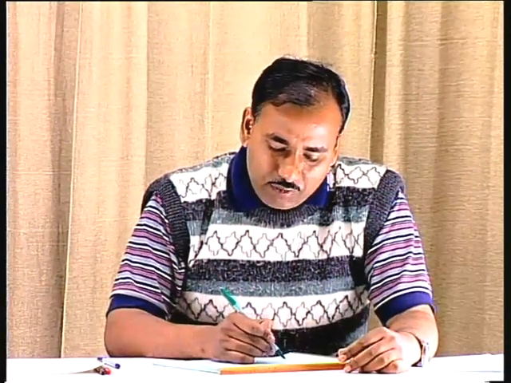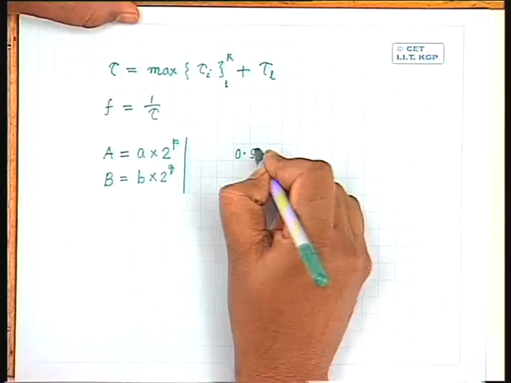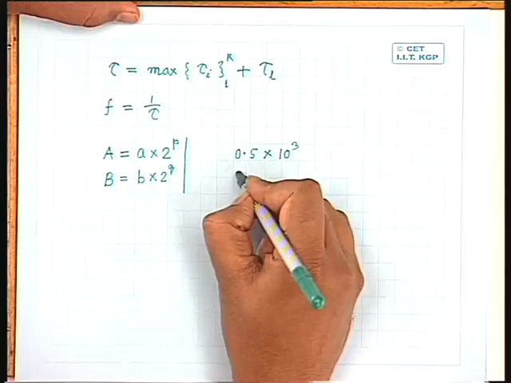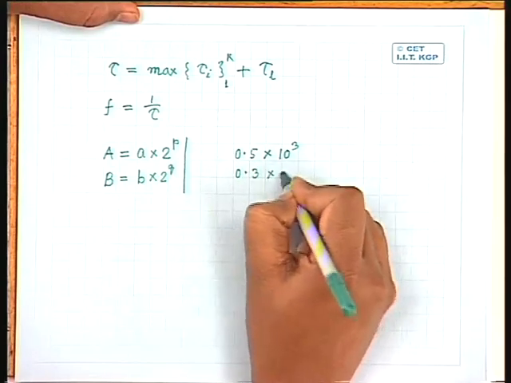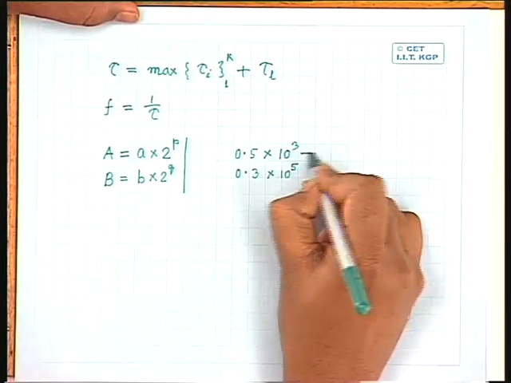Right? So if I want to equalize the exponents, in that case, I have to compare the two exponents of the two numbers to find out what the difference is. Then the fraction of one of the numbers has to be either divided or multiplied by 2 or integer powers of 2 so that your number remains the same. Okay. So simply like this, if I have one number, say 0.5 in the decimal domain, into 10 cube, and the other number is say 0.3 into 10 to the power 5. What I can do is equalize this.